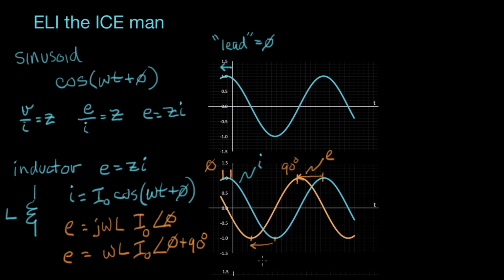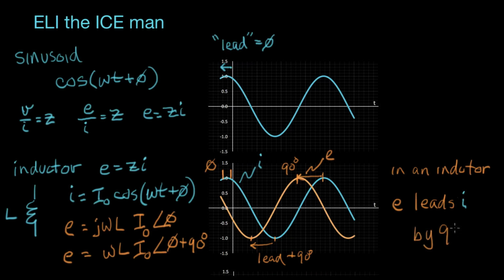So when I move to the left, that corresponds to a lead of plus 90 degrees. So in an inductor, we say that E leads I by 90 degrees.